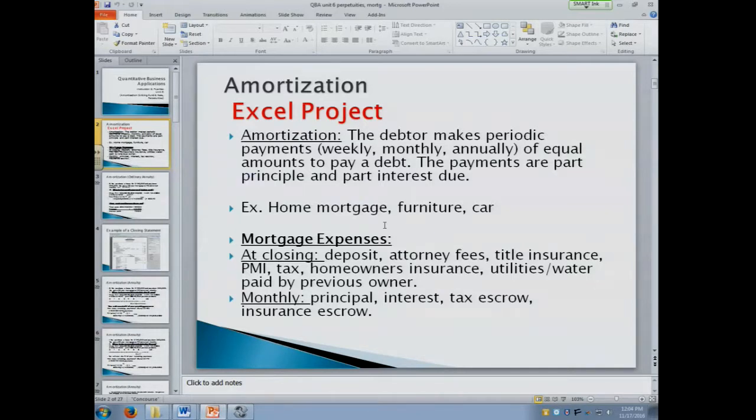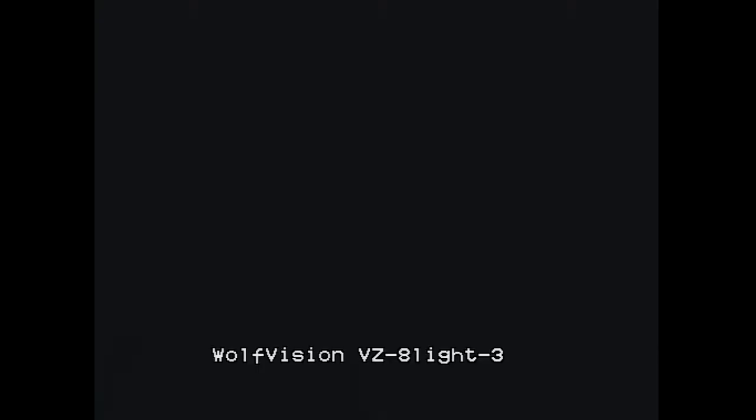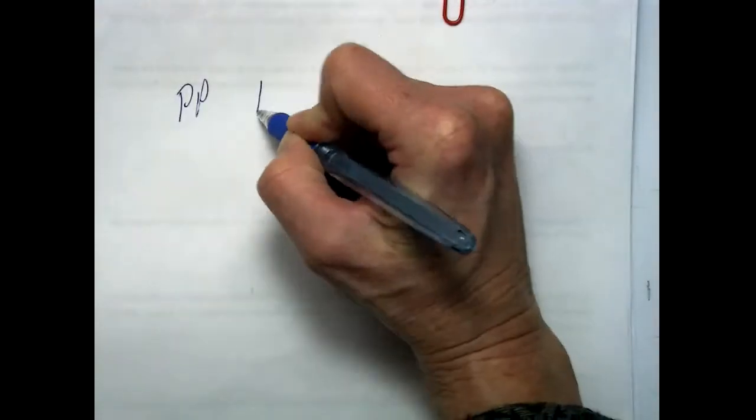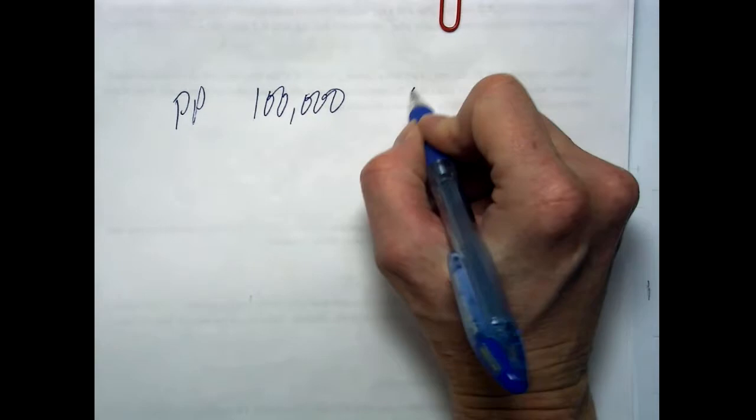Okay? I am going to go over some of the expenses and write them down for you. Okay, so let's say the purchase price of a house is $100,000. We decide we're going to put 5% down.